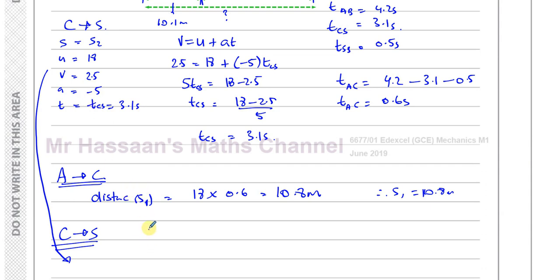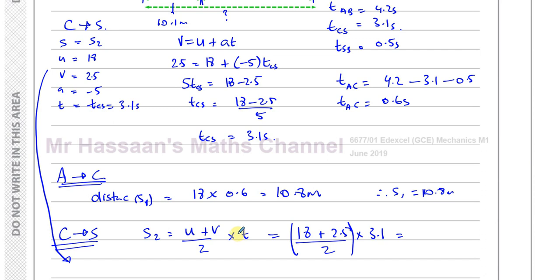We can use the average speed, which is (U plus V) over 2 times T, the average speed times the time. That's going to be (18 plus 2.5) divided by 2 multiplied by 3.1. That will give us the distance S2.